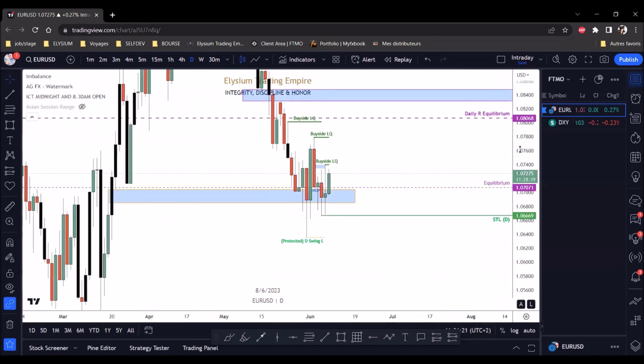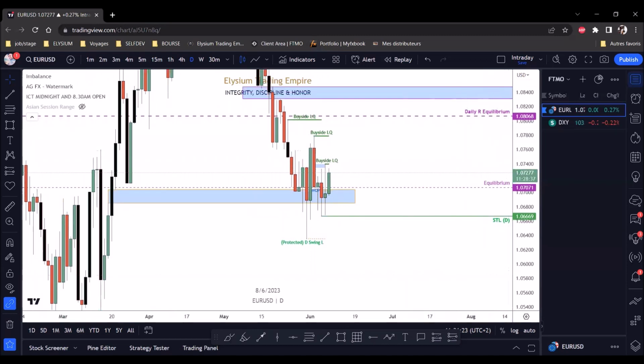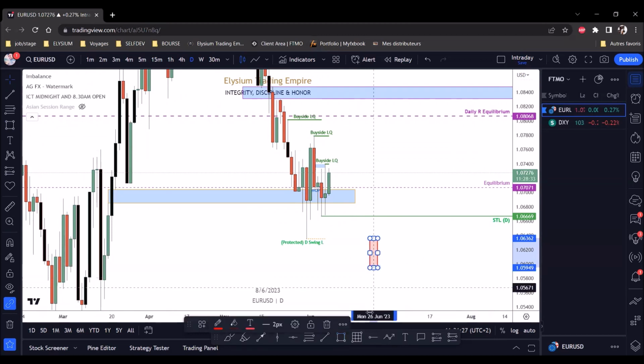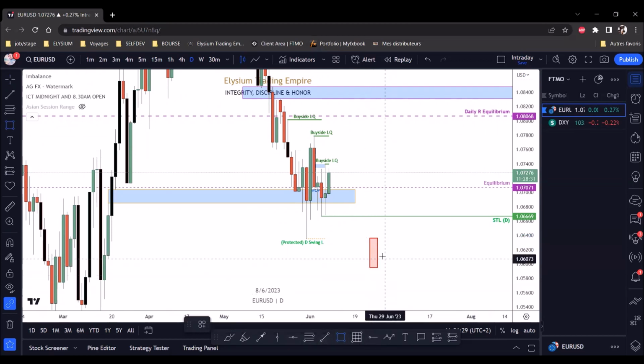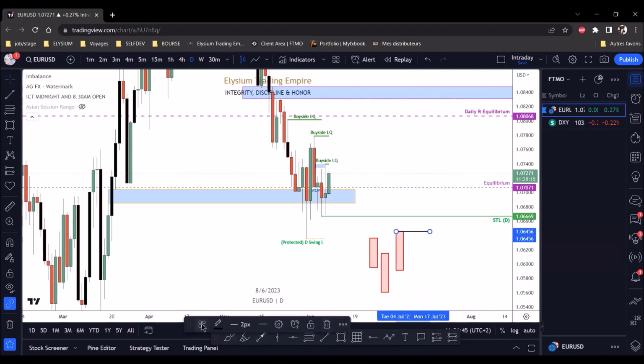The concept is very simple. He says that you have 3 candles. Let's say a swing low is formed. The high of the third candle, which forms the swing low, is liquidity.